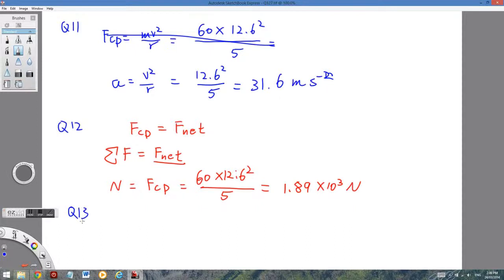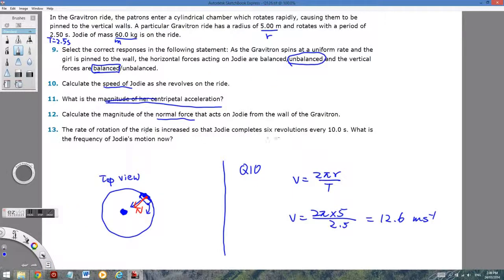For question 13, we need to find out, say, if the rate of rotation has increased to 6 revolutions every 10 seconds, what is the frequency of its motion?